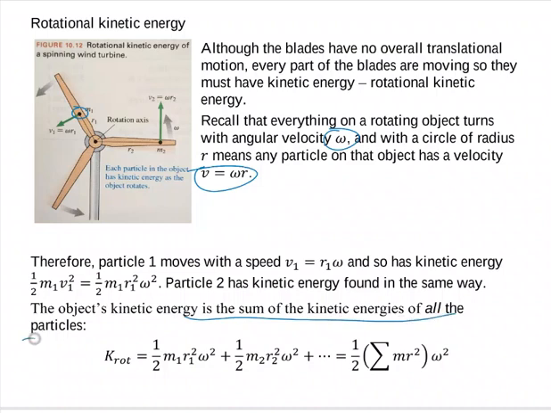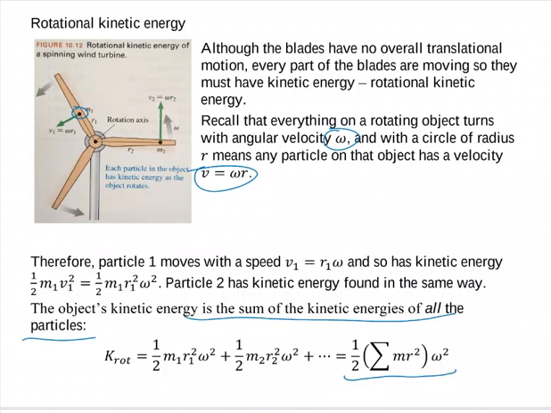So K rot, the rotational kinetic energy in a rotating body, is 1/2 m1 r1 squared omega squared plus 1/2 m2 r2 squared omega squared, and so on, equals 1/2 times the sum of all of the masses times all of the radii squared, times omega squared. Omega is constant for the object.